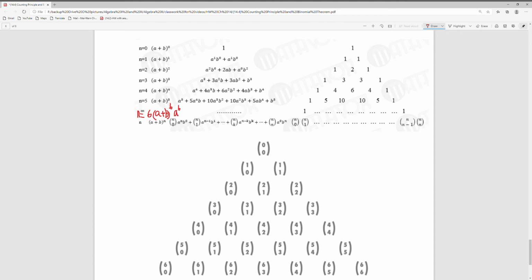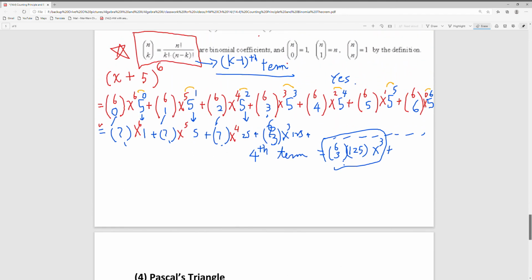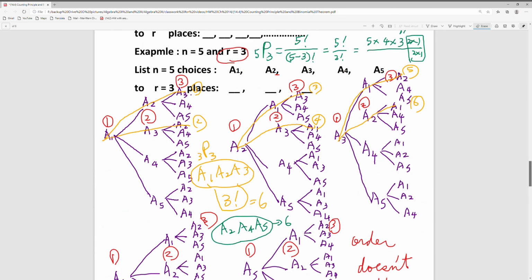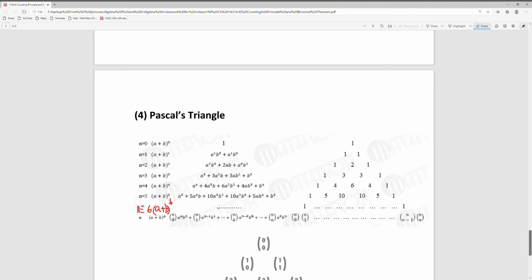I have no space, let me write it bigger here. This is what we want to figure out: the 6th degree of a plus b. That's why we want to find the coefficients here.